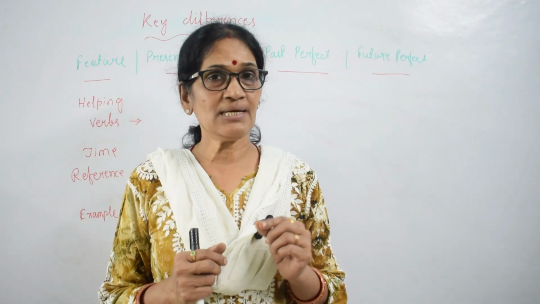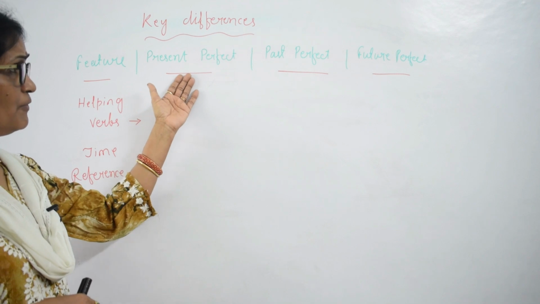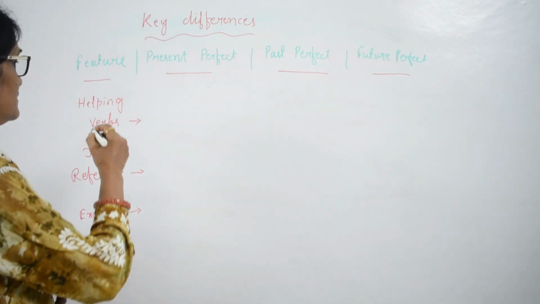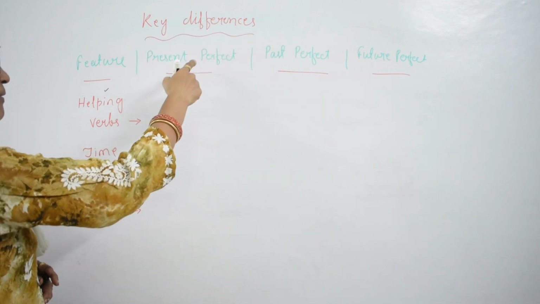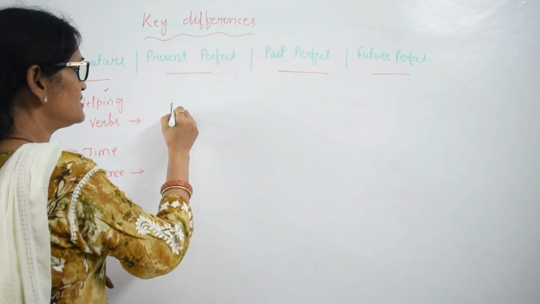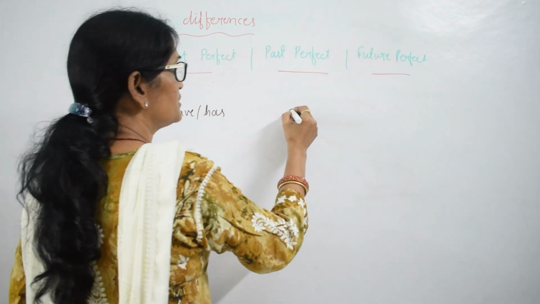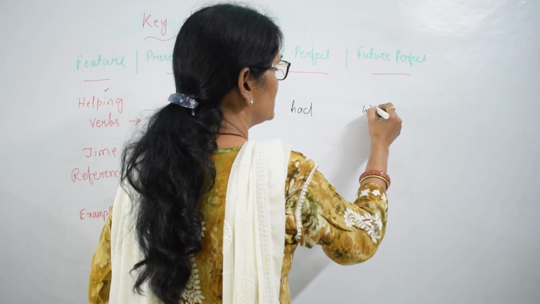Let's understand in detail the key differences between present perfect, past perfect, and future perfect. What are the helping verbs for the tenses? Helping verb for present perfect: have or has. For past perfect: had. For future perfect: will have.